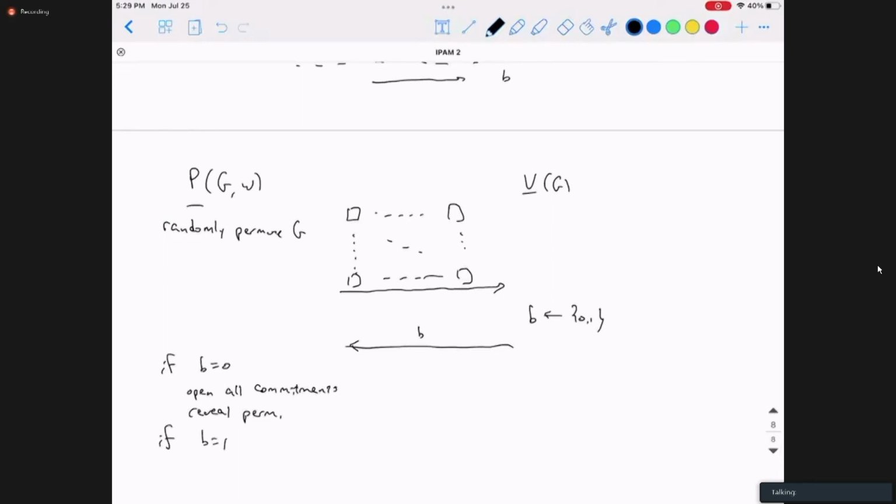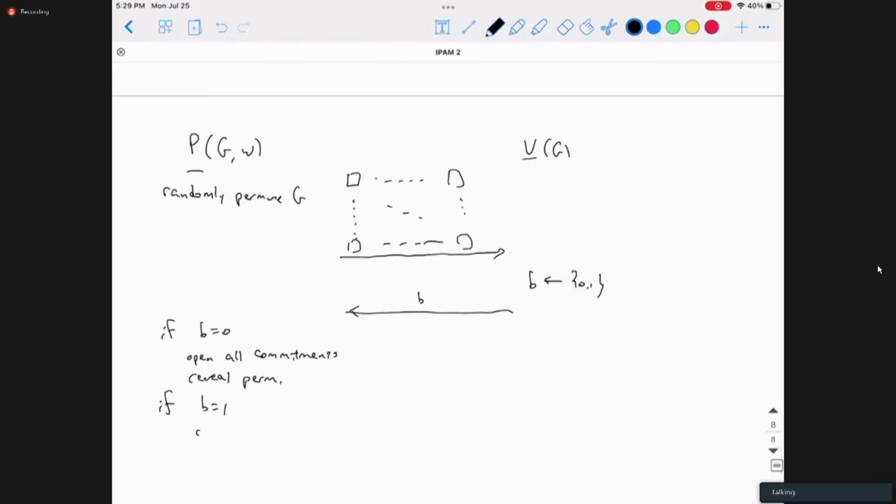And if b equals 1, then what it's going to do is open all the commitments. Well, not all the commitments in the graph, but all the commitments in a Hamiltonian cycle. Okay, so what would that mean exactly? Well, if there's a Hamiltonian cycle in G, then there's also a Hamiltonian cycle in the permuted graph.